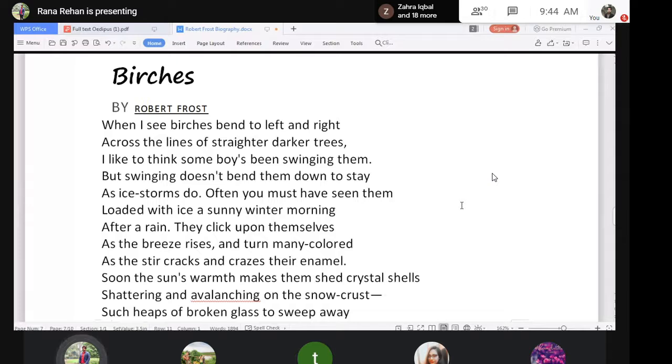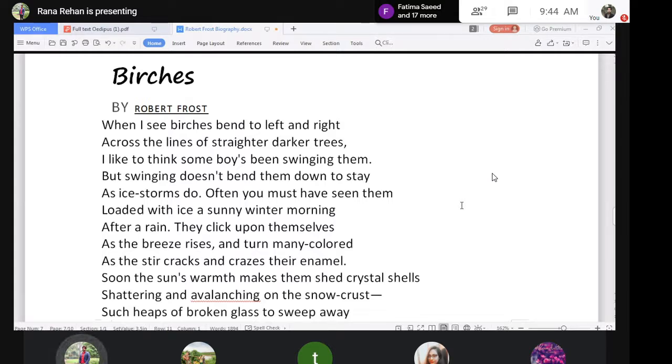So you can see here: often you must have seen. Seen is one of those five senses, so this is a strong imagery. Imagery is a strong mental picture associated with your senses.